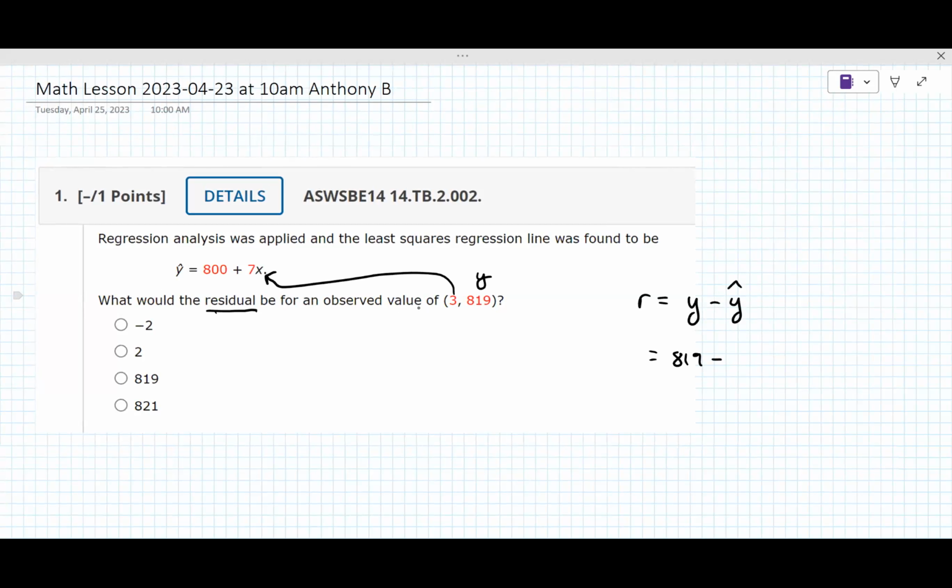So you can see it's 800 plus 7 times 3. That's 821. Your residual is -2. It physically represents the difference between the observed value and the predicted value. Y hat is the predicted value. You might have heard that in class.